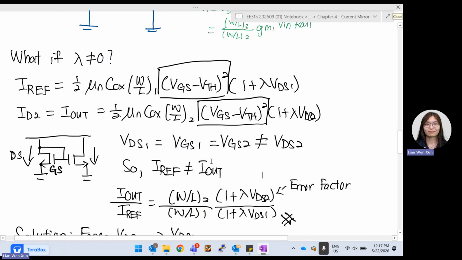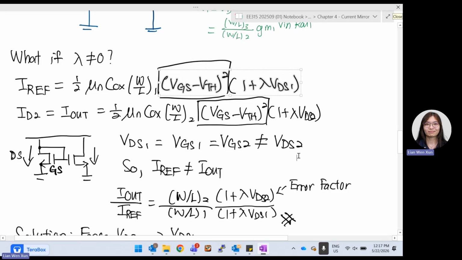So now we can say that IREF is not equal to I out anymore. But we can still use this equation the same way as just now. Just now we removed half mu NCox, we were left with W over L, and we said it equals VGS minus VTH. But now we have VGS minus VTH square times 1 plus lambda VDS.